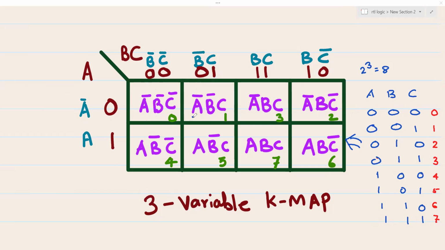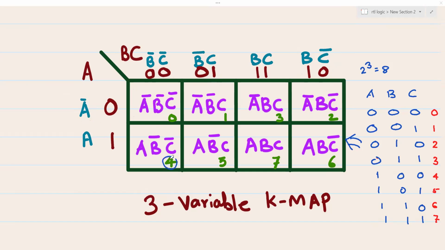That is why here you write A bar, B bar, and then C. C is nothing but uncomplementary form. Then number 2, you have 0, 1, 0. It means A is in its complementary form and B is in its normal form and C is in its complementary form. That's why here the min term is nothing but A bar, B, C bar.